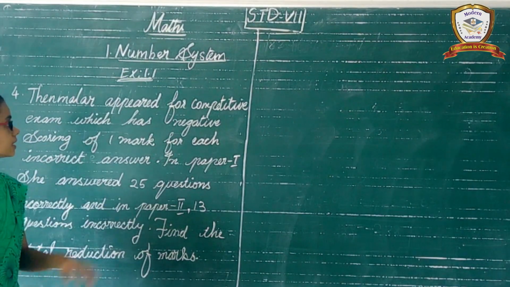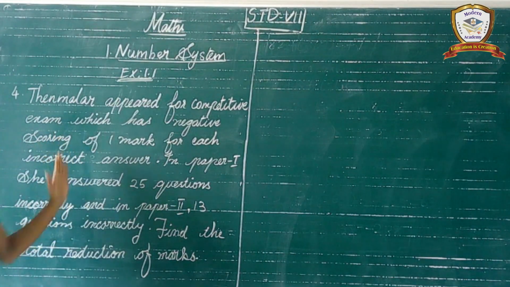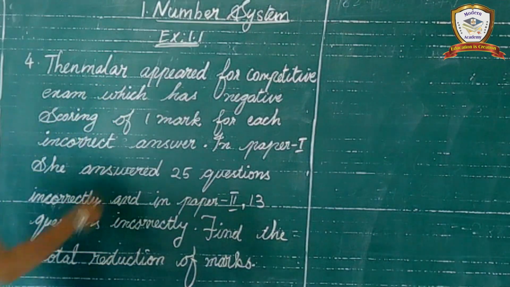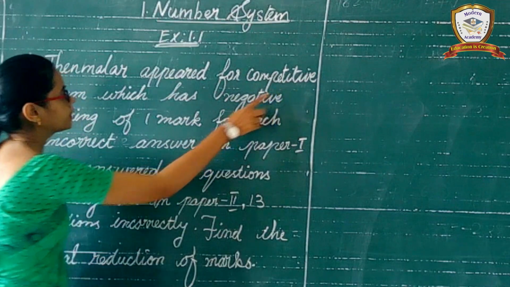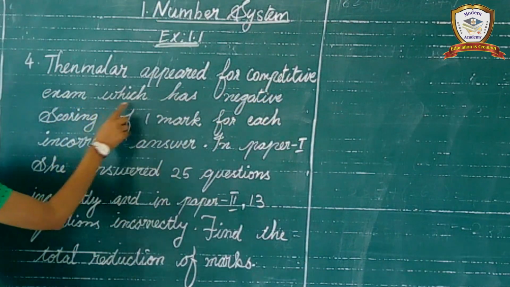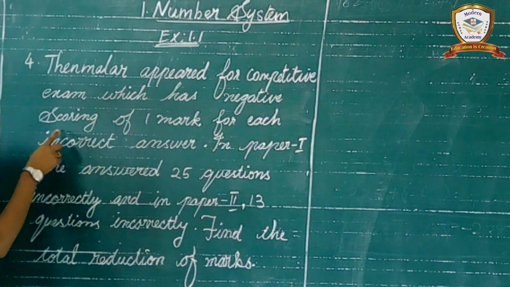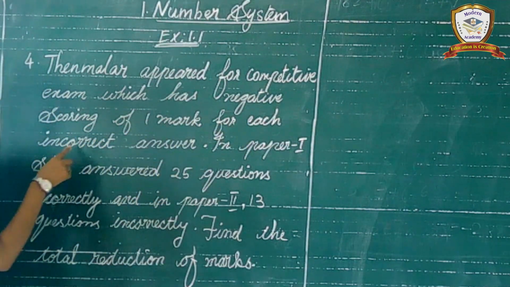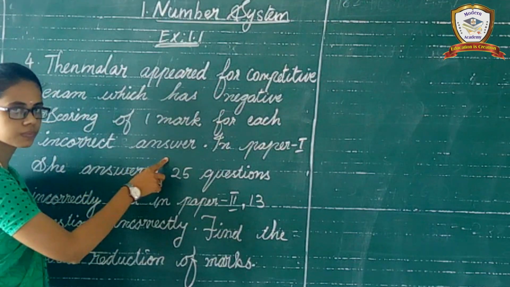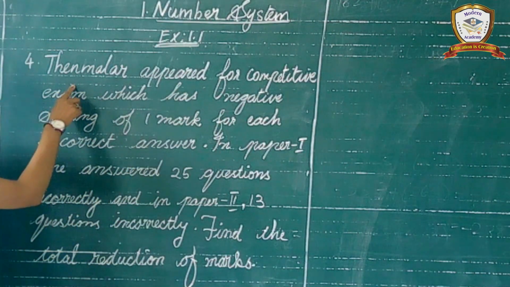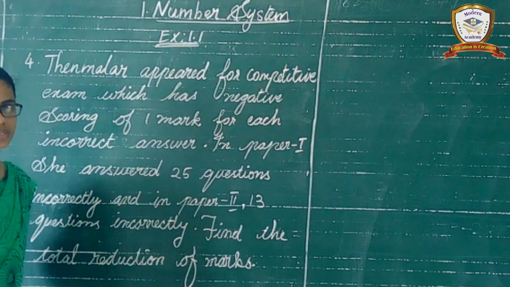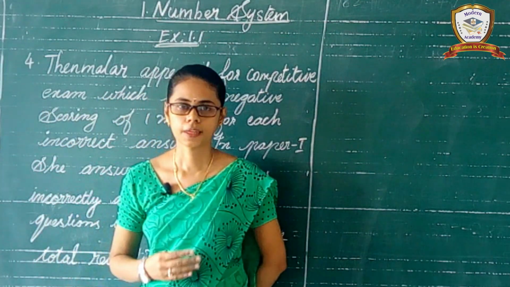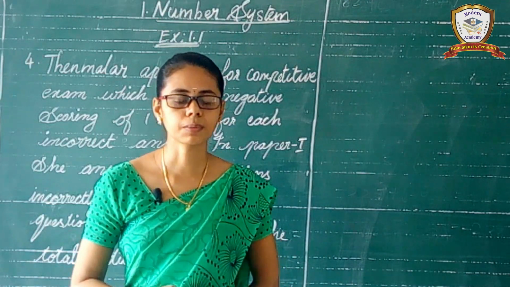Okay. Next, let us see the fourth sum, a word problem. See the question. Tenwala appeared for a competitive exam which has negative scoring of 1 mark for each incorrect answer. Competitive exam means like TNPSC or the IBPS bank exam.